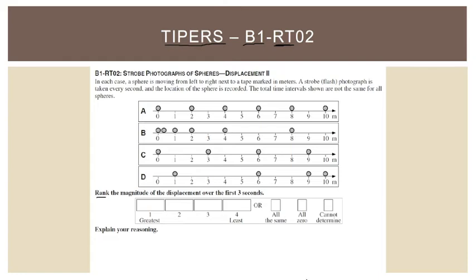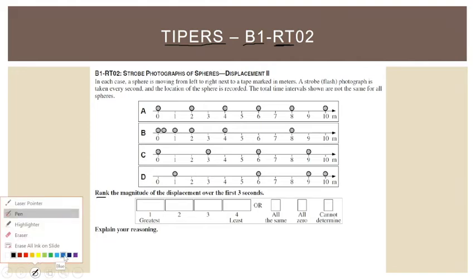So I want to show you how to do this first one, or at least the way I think about it, and then have you look at another one on your own. Because interpreting these motion diagrams is something that is pretty important. So this problem here says rank the magnitude of the displacement over the first 3 seconds. I'm going to change the color of this actually.